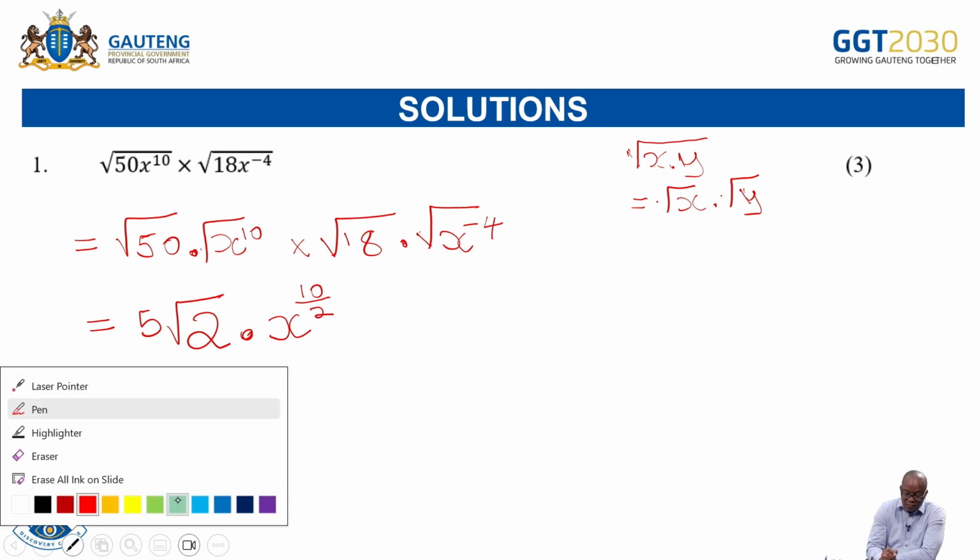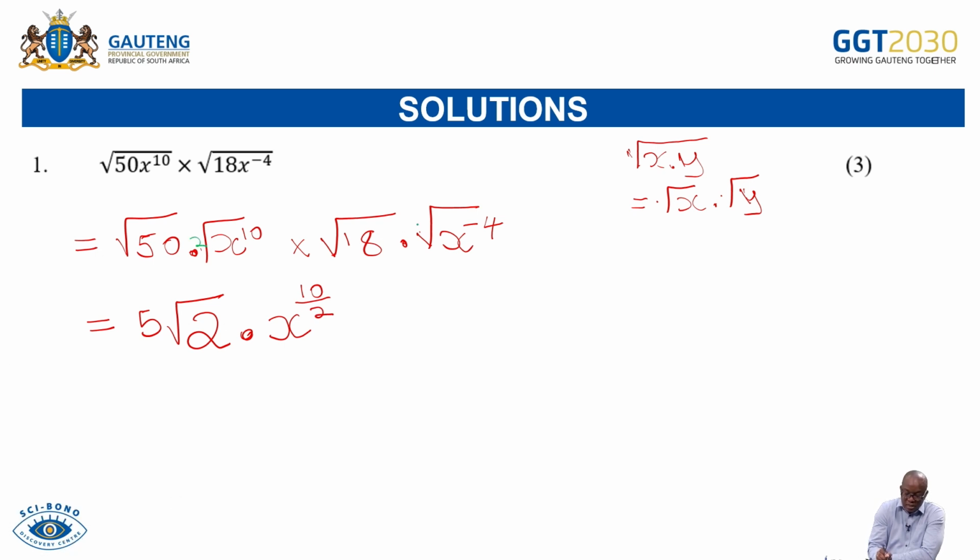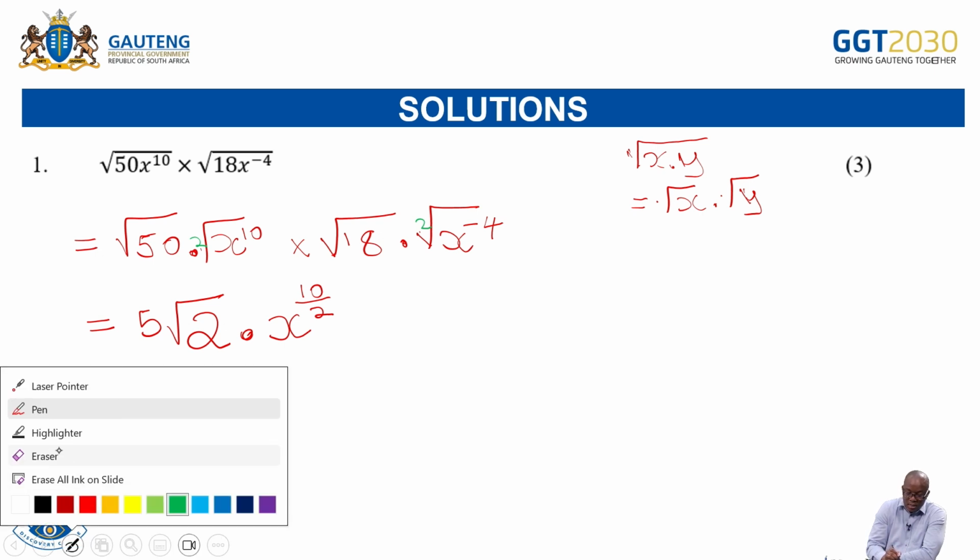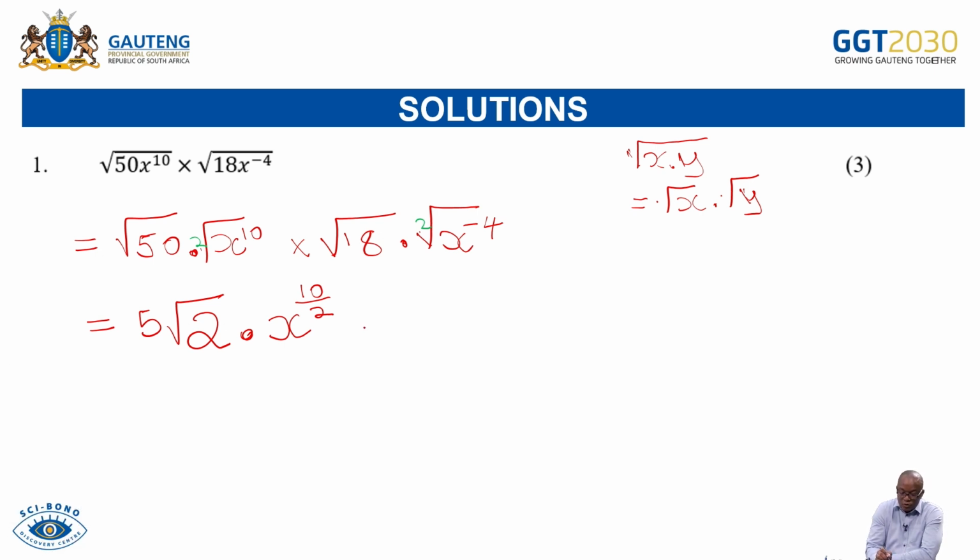Remember, squared means there is a ghost 2 there. Right? There is a ghost 2 there. So that's what basically we are going to do there. And you multiply now by 18. What do we do with 18? 18 is the same as what? As 18, you know that is 9 multiplied by 2, and 9 is a perfect square. So the square root of 9, it will be 3 root of 2.